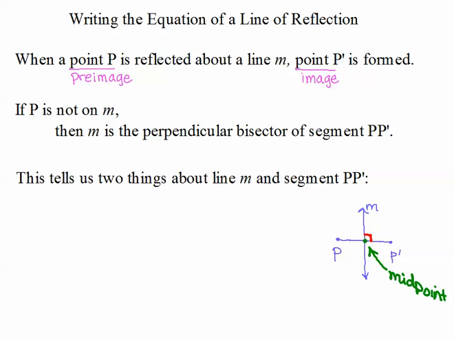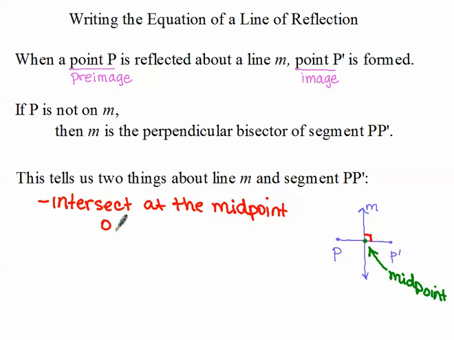So altogether, it tells us two things about line M and segment P P prime. First of all, that they intersect at the midpoint of the segment. And secondly, that they are perpendicular.